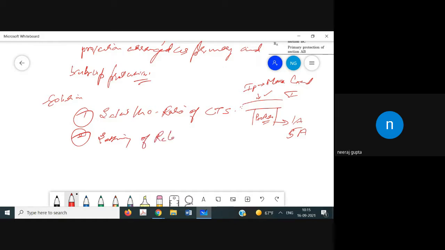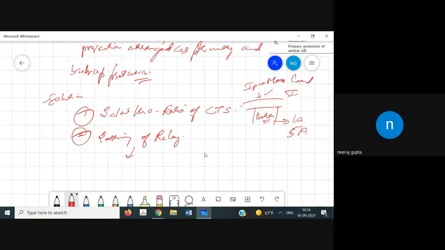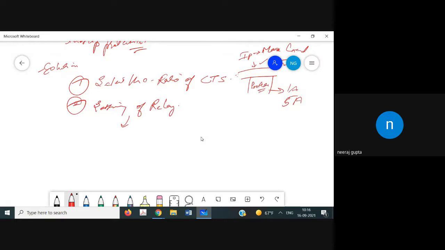The setting of the relay consists of two components: first, how to select the pickup value of the relay, and second, how to decide the operating time of the relay.